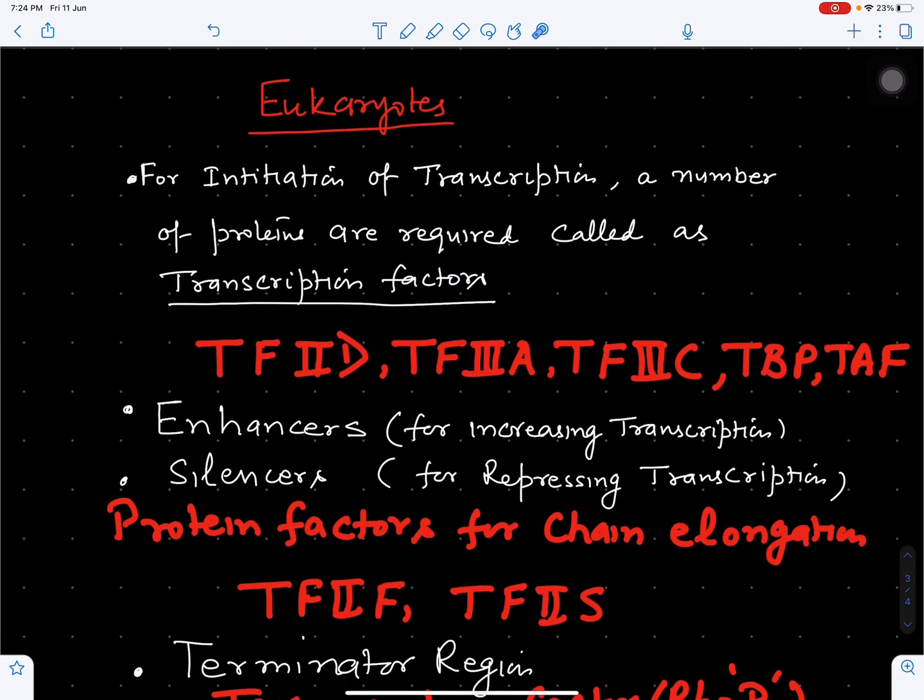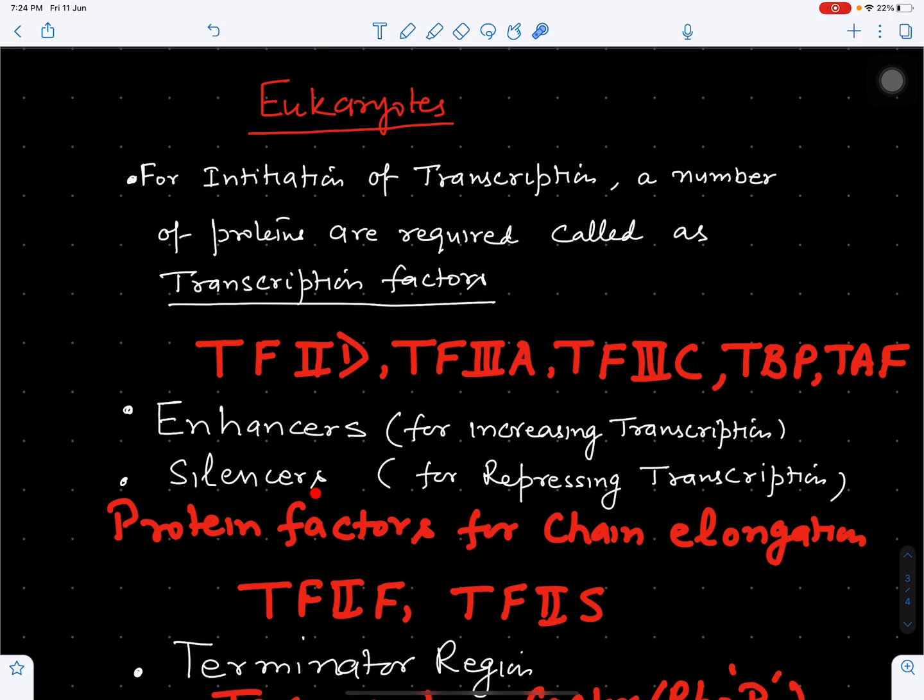Now in case of eukaryotes, some other factors are required for initiation of transcription. A number of proteins are required, called transcription factors: TF2D, TF3A, TF3C, TBP, TAF. Some are enhancers, which increase the rate of transcription, that is, the formation of RNA.